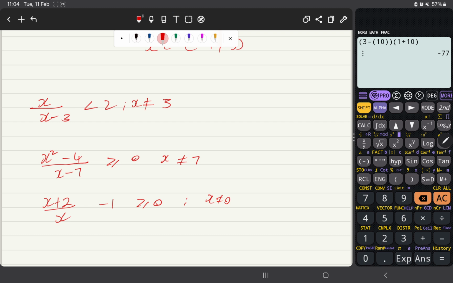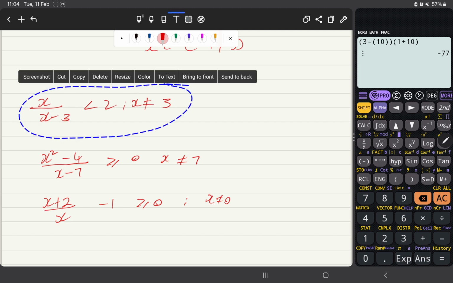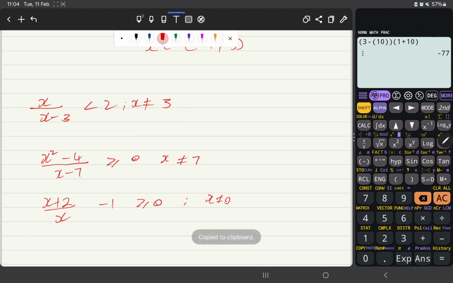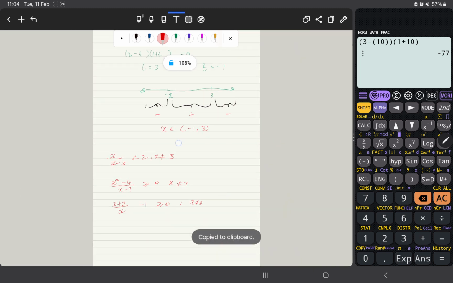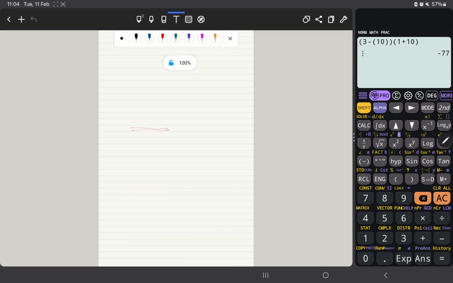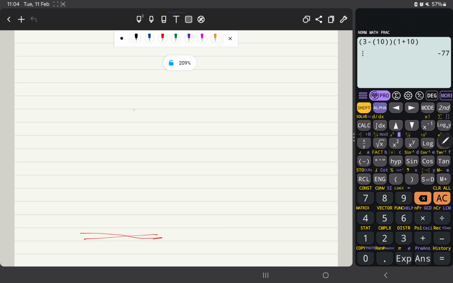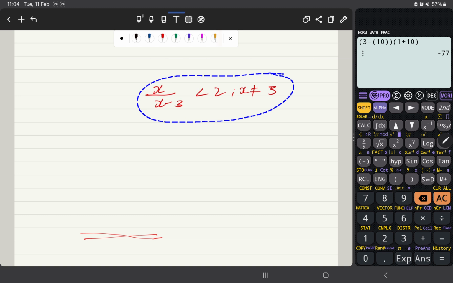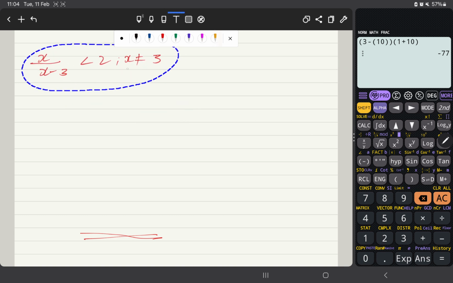Yep. We're gonna copy this one. This is the first one we'll do. Paste it. Right. So solving this problem, let's see what we can do.